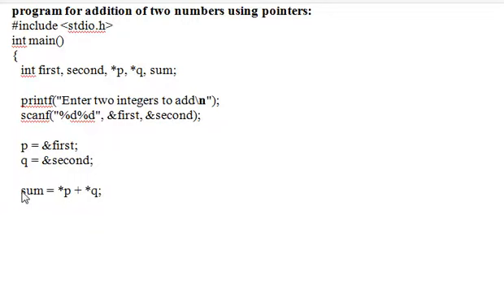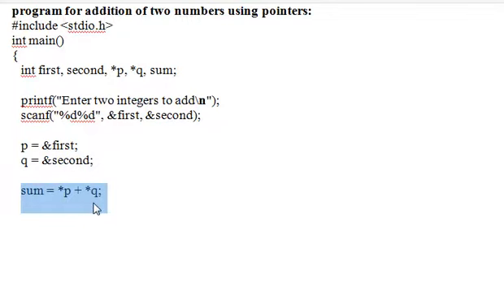Next, sum = *p + *q. In p it is having the address of the first variable. When we are giving this pointer symbol, it gives the value from the address of the first variable. So *p gives the value of the first variable.